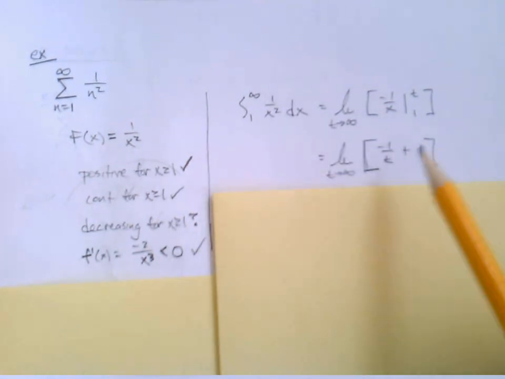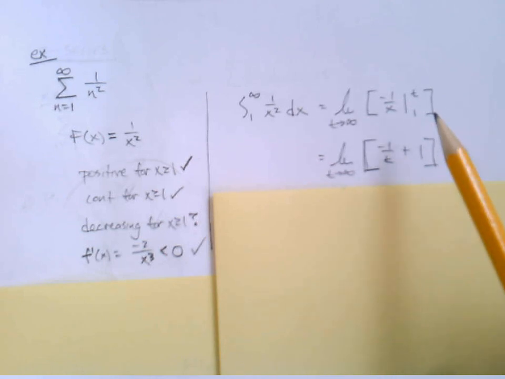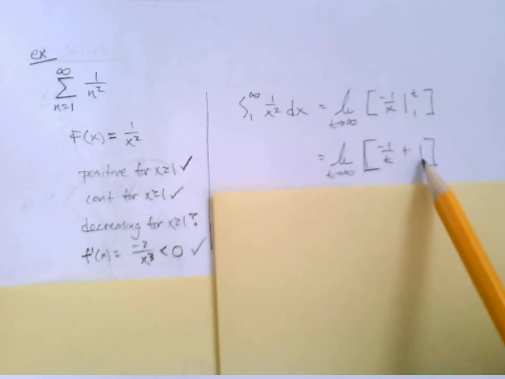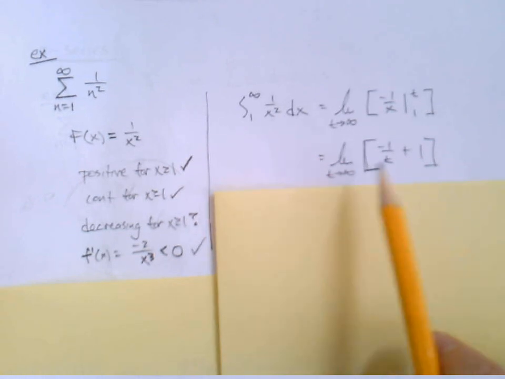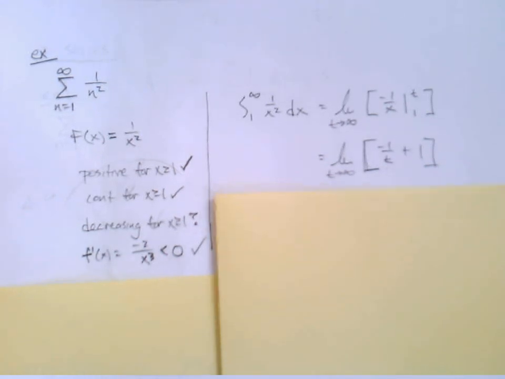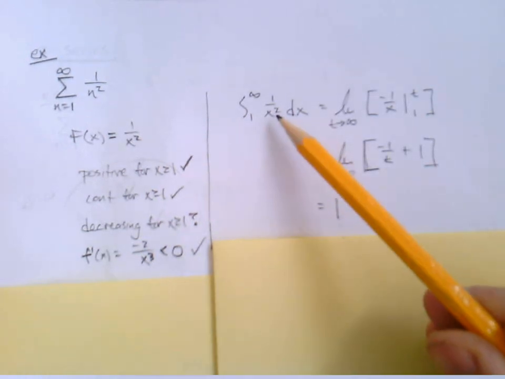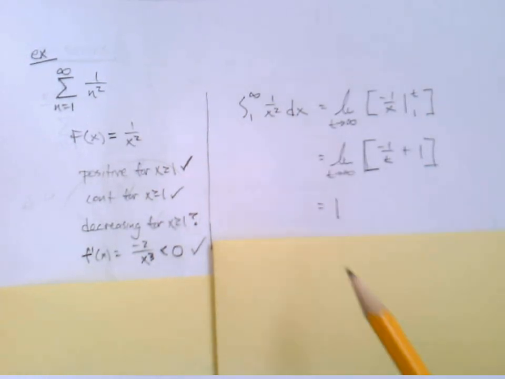Plugging in, I've got negative 1 over t minus negative 1 over 1. So, negative 1 over t plus 1. As t goes to infinity, what happens to that? As the denominator gets bigger, that goes to 0. So the answer to our integral is simply 1. Wow, that's incredible. The area from 1 to infinity underneath 1 over x squared is exactly 1. That is something. Okay, anyway, that's not really the point.